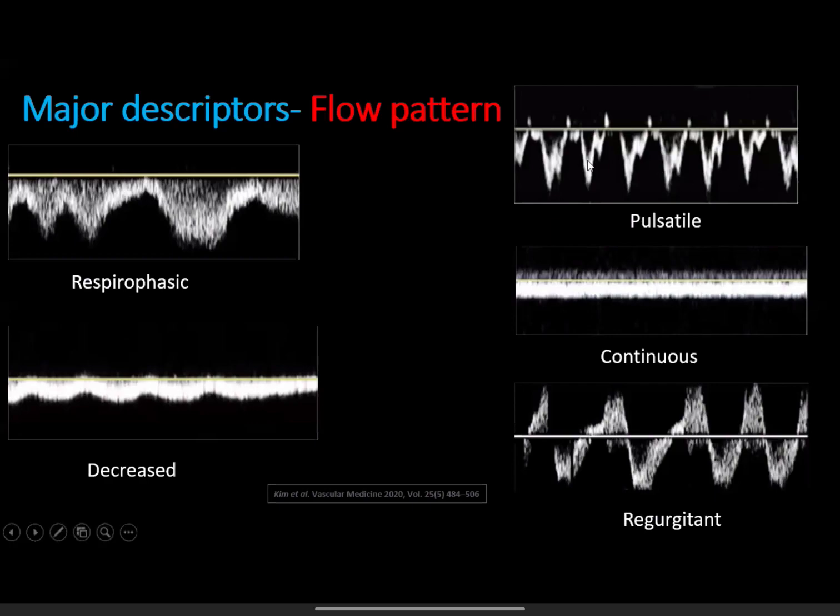So this is how we see pulsatile flow. When the flow is not showing any kind of pulsation, it is a continuous unwavering spectrum. And when there is a forward flow and the reverse component is there, it is a regurgitant flow. So this is how we understand these major descriptors of respirophasicity and pulsatility.